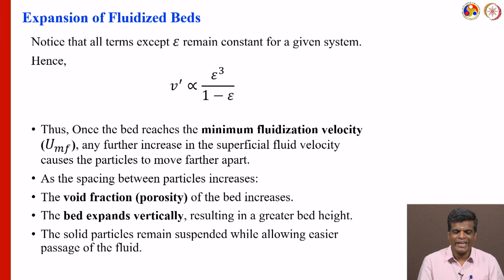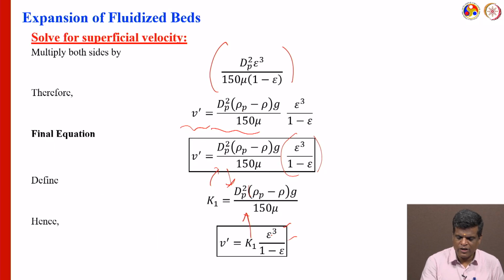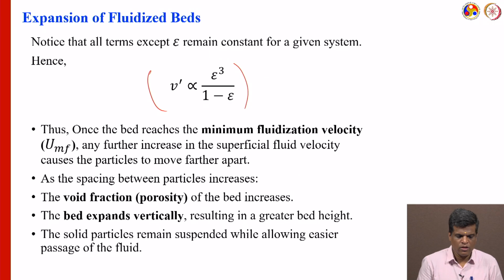So that is the superficial velocity for the fluidized bed, where K1 is again a function of the particle density, the density difference, and the viscosity. So V dash equals K1 epsilon cubed by 1 minus epsilon. Now if the bed expands once it reaches the minimum fluidization velocity, you keep the others constant. If you want proportionality, you can remove K1 and write V dash proportional to that term. If you want to remove the proportionality, add K1, which is again a function of these terms.